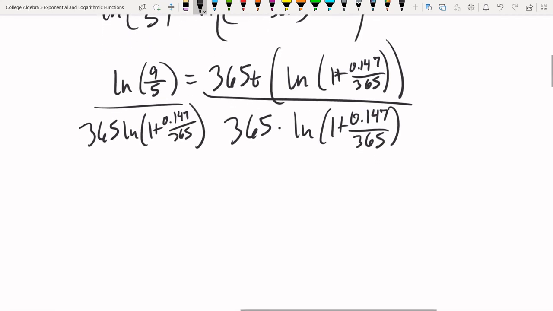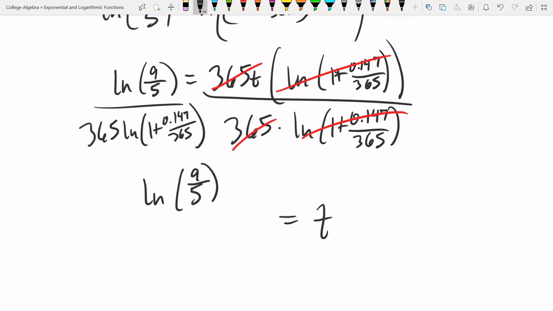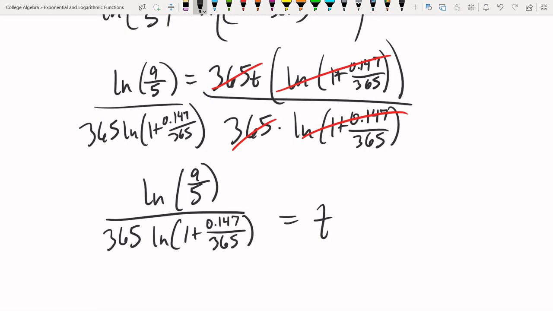And that gives us, those cancel, just t on the one side. It was actually quite a simple problem to solve as long as you knew that trick. If you didn't know that trick, you'd have to do a change of base formula, which can take a little bit longer, and yeah, it would be a lot more annoying to solve.